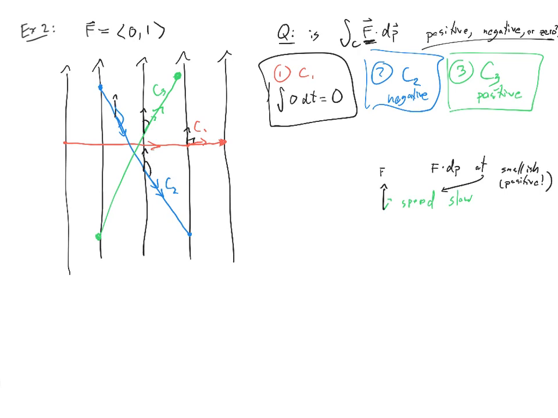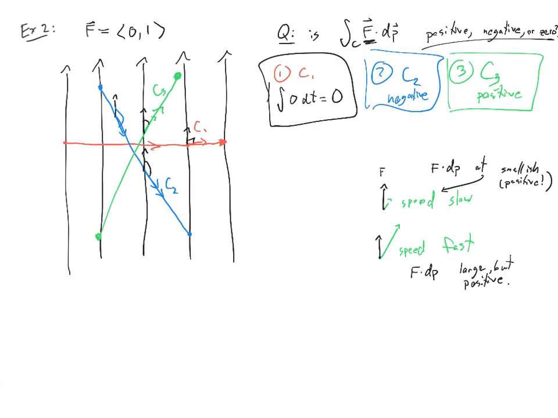Meanwhile, if C3 is going really fast, we still have the same angle, but maybe the green vector is much longer than f, then you expect the dot product to be bigger. It's large, but it's positive. So hopefully that gives you an eyeball of what's going on in these types of pictures.